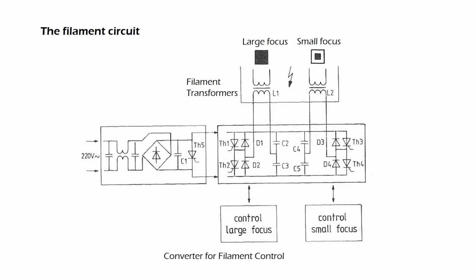This firing frequency is controlled by a filament current regulator. During the preparation, the selected focus is boosted by increasing the ignition frequency of the respective half bridge. The filament control circuit controls the ignition frequency depending on the set mA.